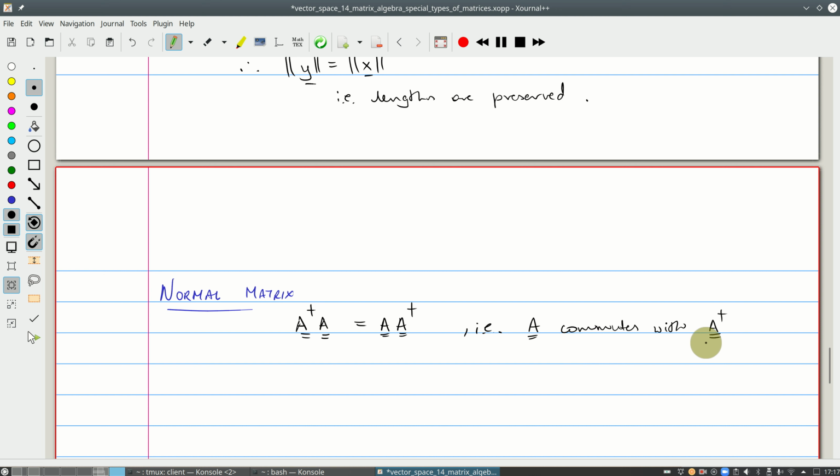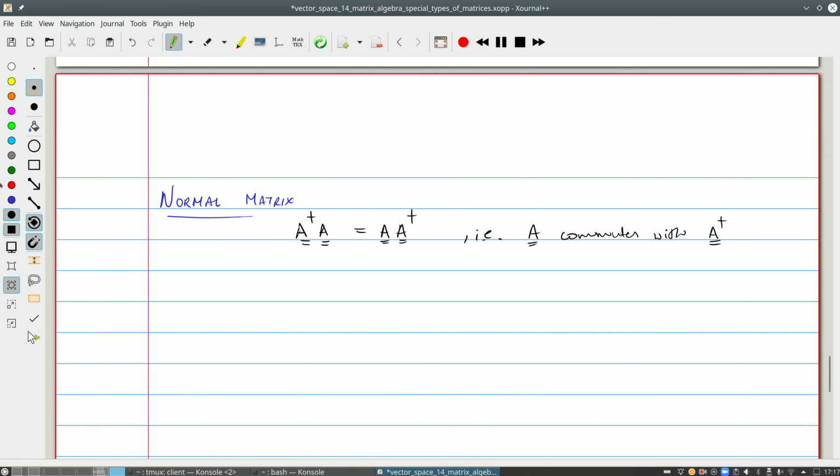Now, what I'd like you to show, this is your homework. You'll find more on this in Riley, Hobson and Bence. Show that Hermitian and unitary matrices are special cases of normal matrices.